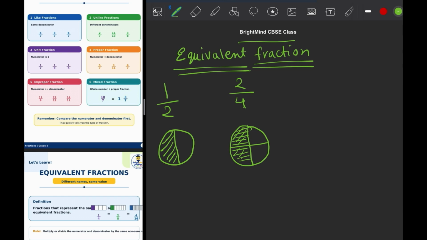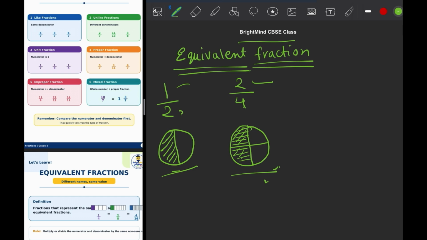Okay, if we look at these two figures, we can see that I have eaten the same amount of the pie, right? It means these fractions are the same thing. If I say I ate 1/2 of the pie, or if I say 2/4 of the pie, it turns out to be the same amount of pie.